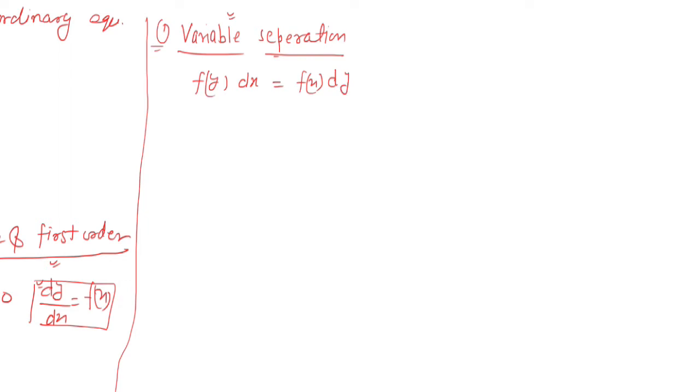You may have such type of a differential equation in which with the term dx there is a function of y, and with the term dy there is a function of x. So you will separate the variables, means you will collect the function f(x), all the terms having x and dx on one side, and all the terms having y function and dy on one side, and then you can solve the equation.